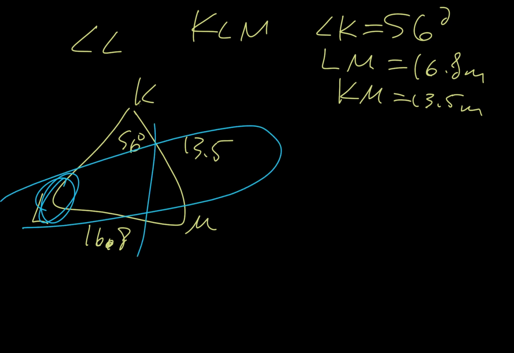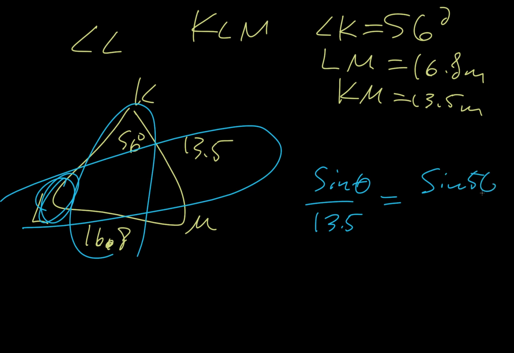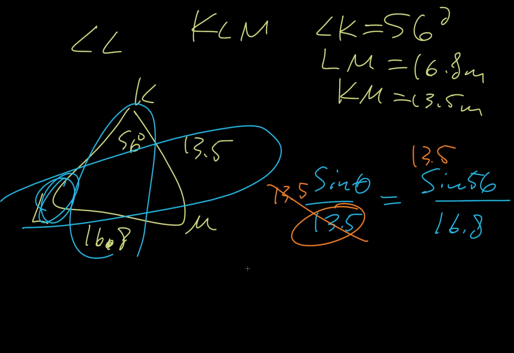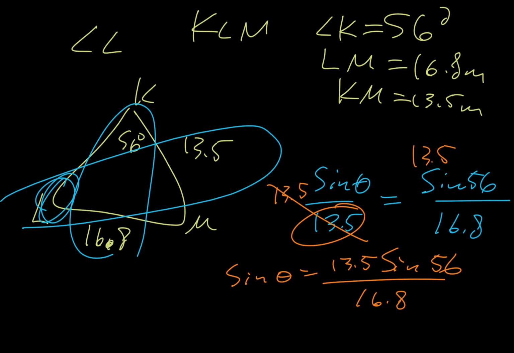It's going to be pretty much the same algebra we did last time. So it's sine theta over 13.5 equals sine 56 over 16.8. Multiply both sides by this. Let's cancel. Sine theta equals 13.5 sine 56 over 16.8. We do an inverse sine on both sides.